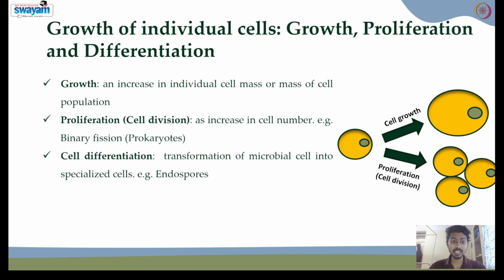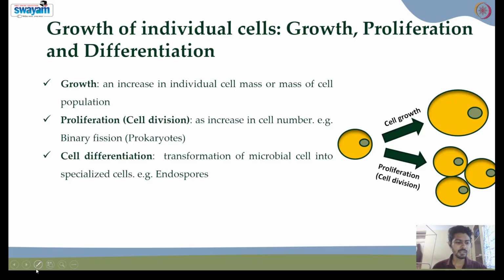Here we refer to cell growth, which is an increase in the individual cell mass or the mass of the cell population. What does it mean? The cells grow or increase in their cell biomass, not in number. Then what do we call it if they increase in cell number? In that case, we call it cell proliferation or cell division. So cell division is nothing but an increase in the cell number.